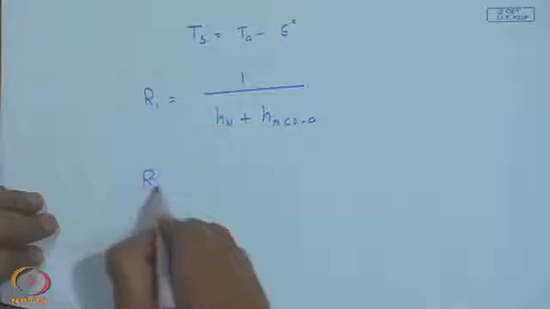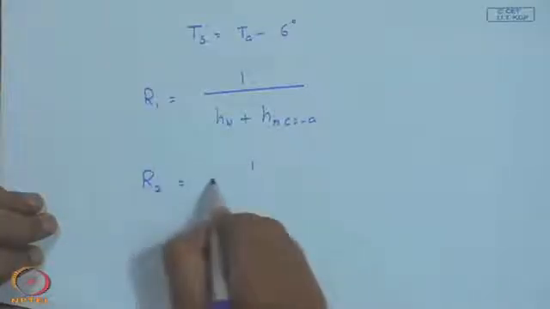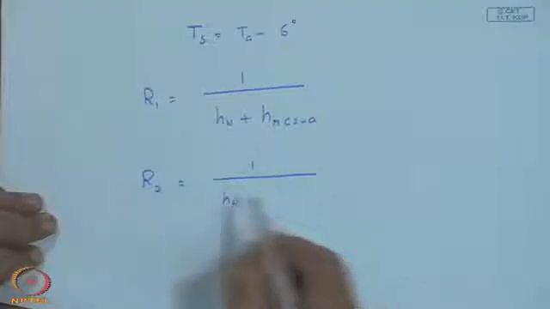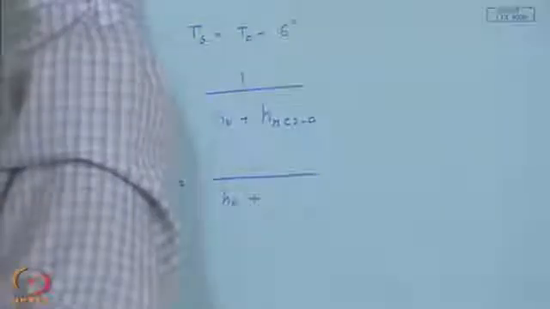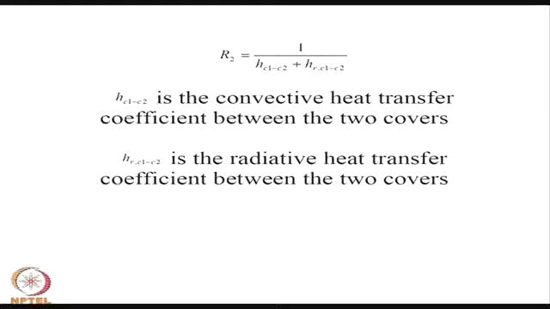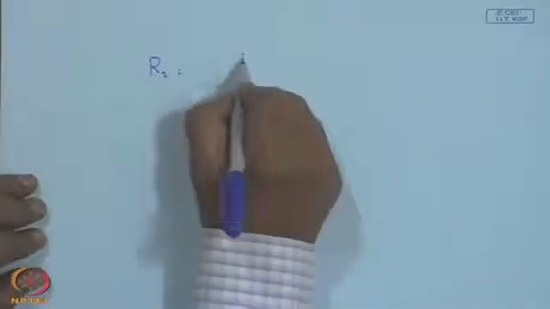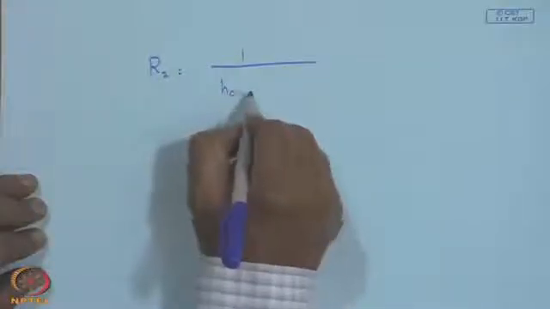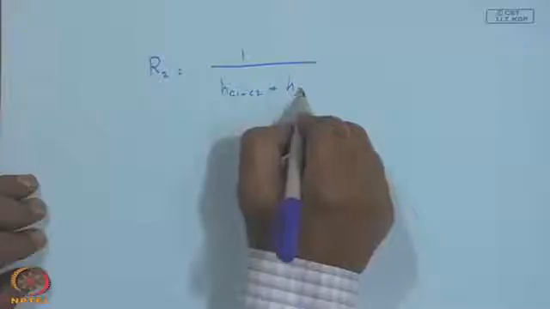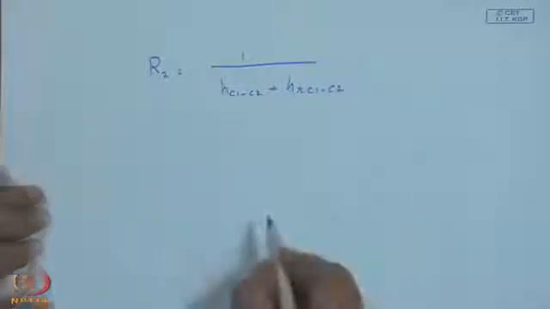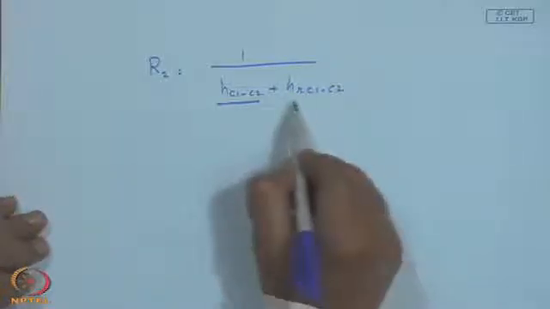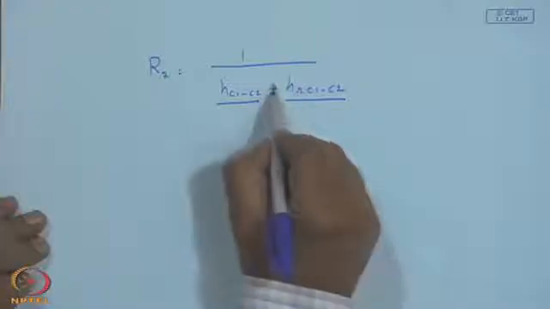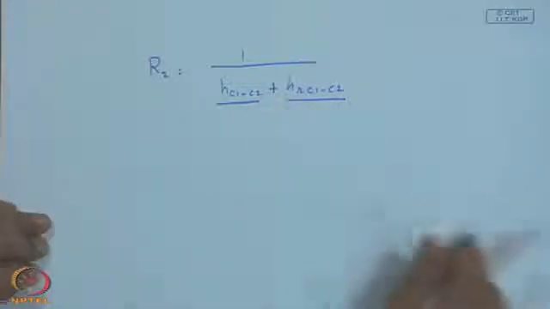So, now we can express R2 as the summation of the convective heat transfer coefficient between cover 1 and cover 2 and the radiative heat transfer coefficient between cover 1 and cover 2.